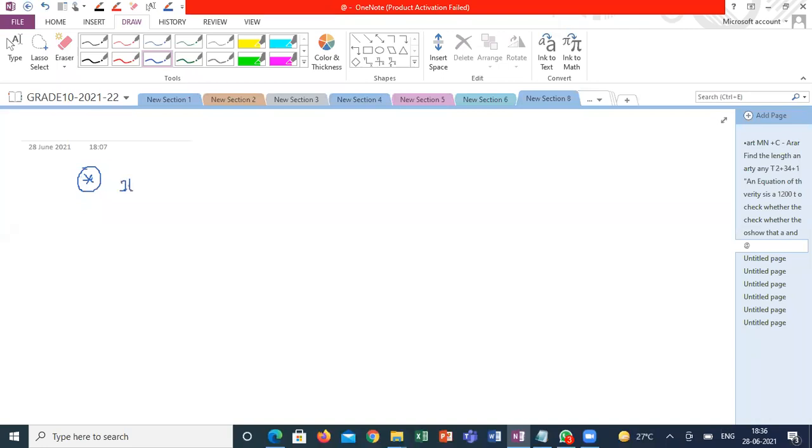If 2 by 3 is a root of the equation kx square minus x minus 2 is equal to 0, then find the value of k.